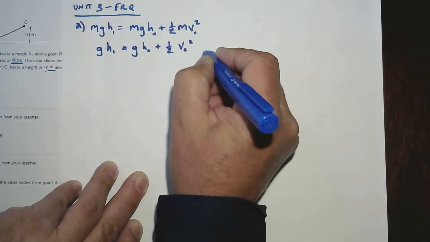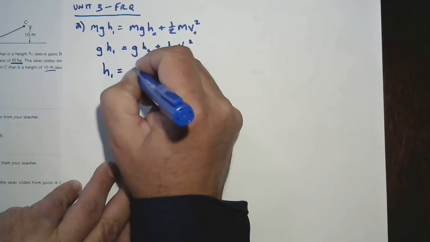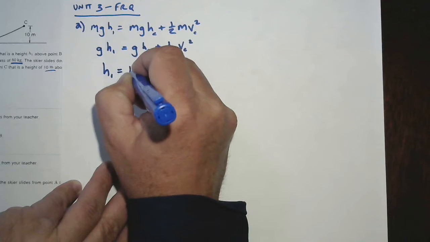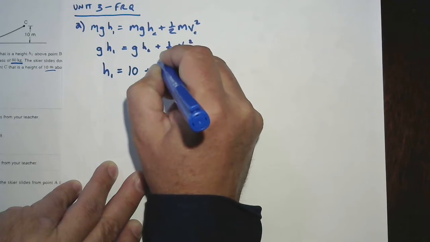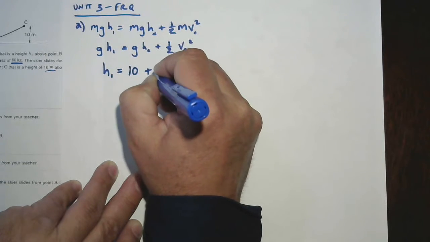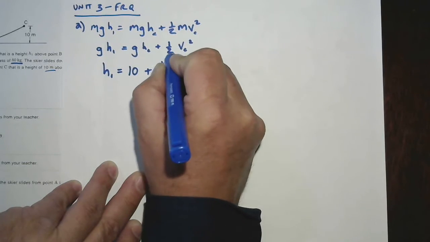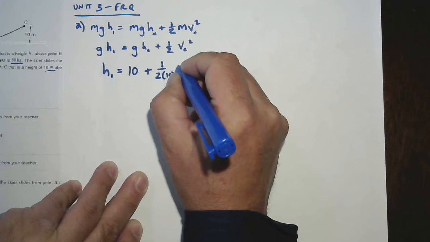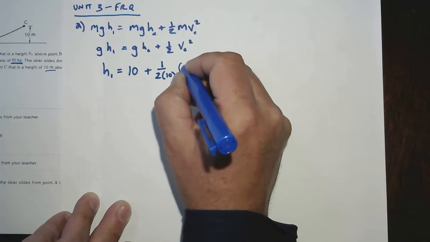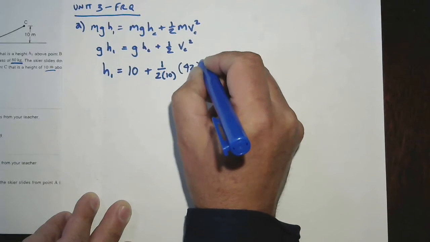Let's divide through by g and we'll be in good shape. h1 equals hC, which is 10 meters, plus 1 over 2 times 10, that's 2 times g. Remember, we're dividing through by g, and then that is going to equal our velocity at point C, which is 42 meters per second, and that's going to be squared.